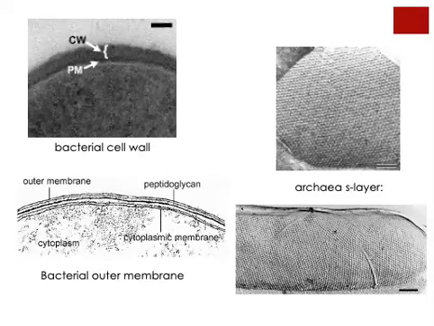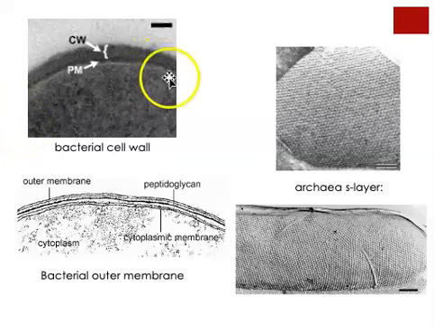On this slide, there are some images that were taken underneath powerful electron microscopes. And I included this so we could take a look at this outer sort of wall structure that we find around prokaryotic organisms. If you start on the upper left, what you're looking at here is just a portion of a bacterial cell. We're at such a high magnification here that we can't even see the entire bacterial cell.